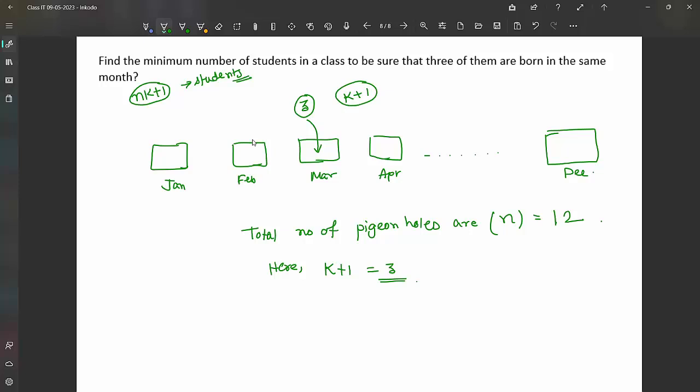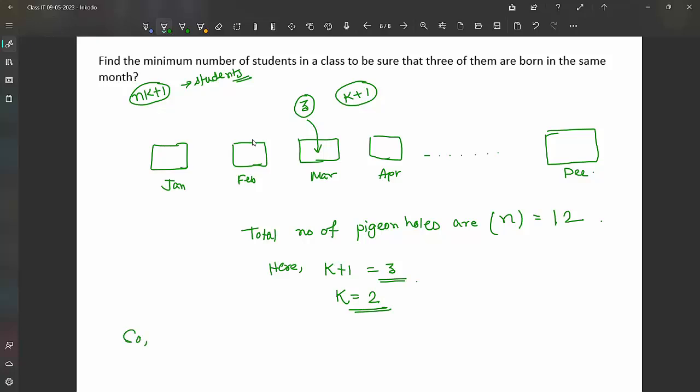That means in at least 1 month, k plus 1 students were born. So here our k plus 1 value is 3, that means k is 2. So the number of pigeonholes is 12 and k is equal to 2.